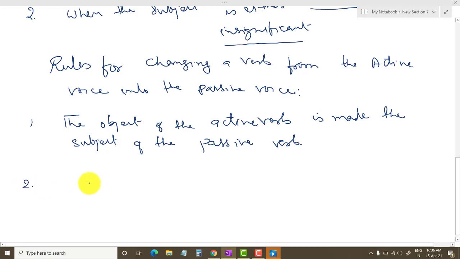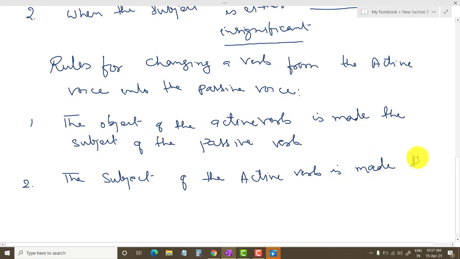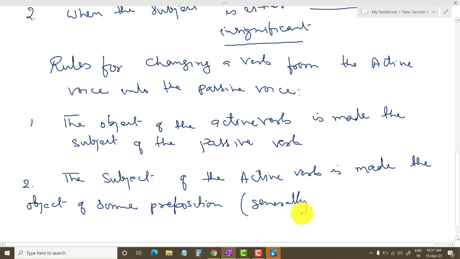Second rule: the subject of the active verb is made the object of some preposition, that is generally by.